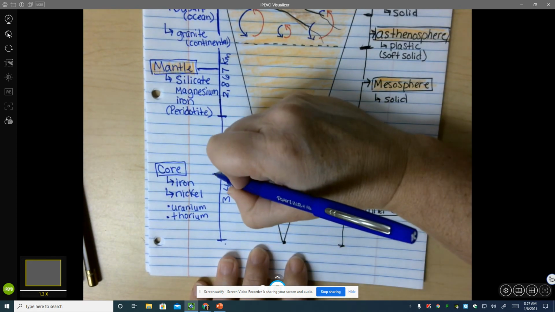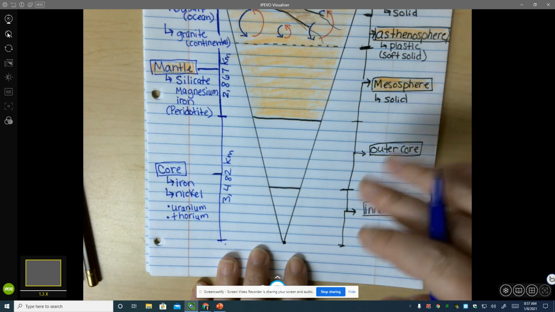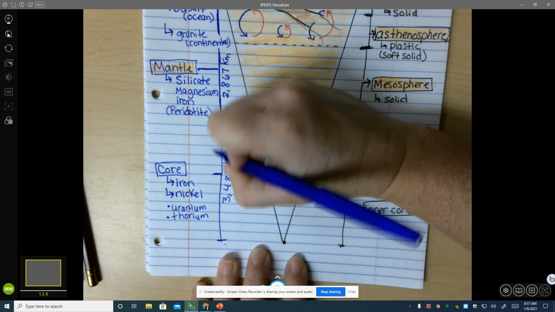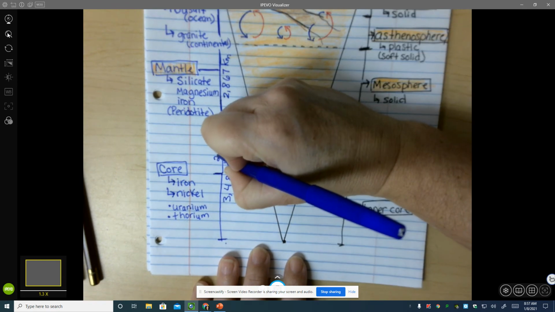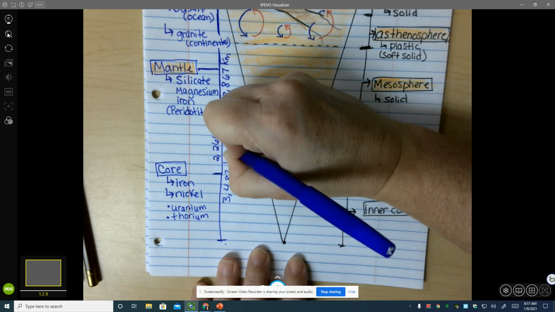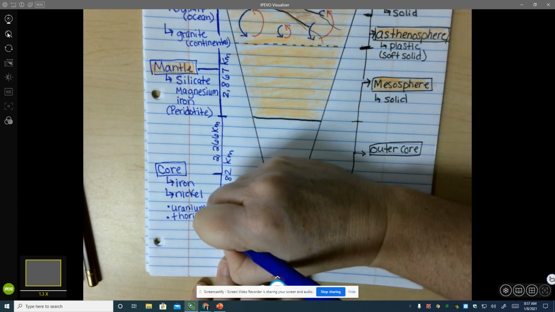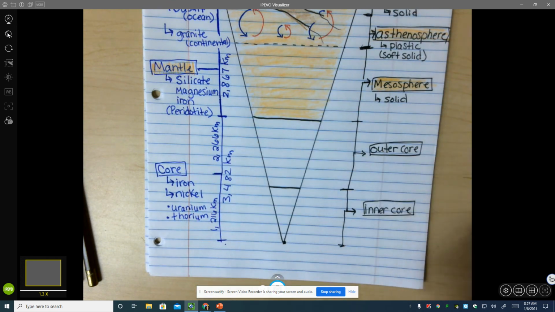Separate. I haven't done colors yet, I'm just labeling this. So the outer core is a little bit bigger, and that is 2,266 kilometers, and the inner core is 1,216 kilometers.